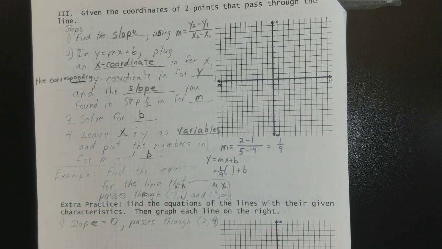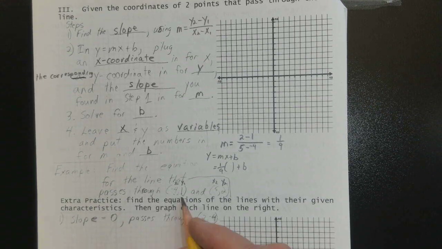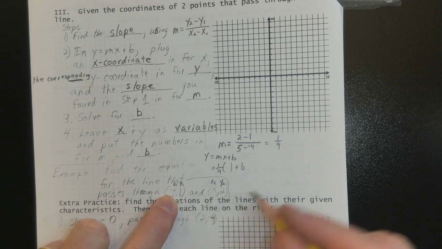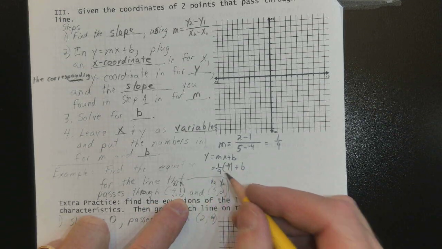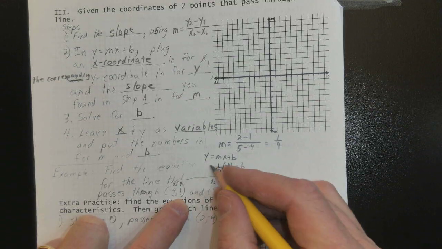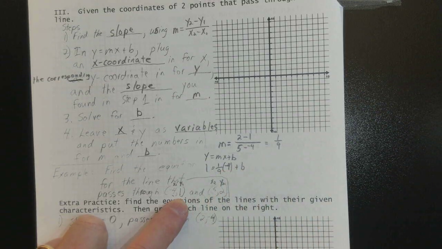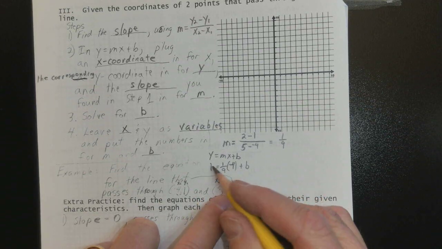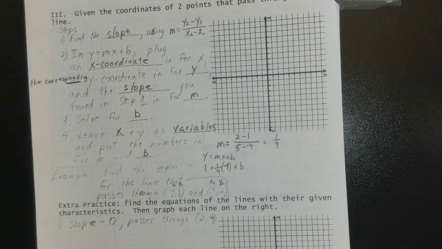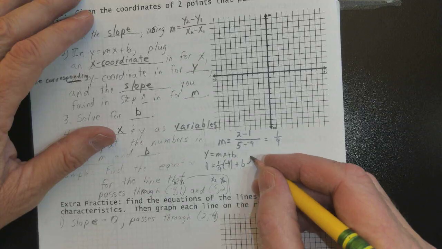So, which one? I'm sorry. Okay. Use negative 4 for x. And what for y? 1. Yes. Okay. And if you'd have said use 5 for x and 2 for y, you would have been right also. Okay. You just have to have the same ordered pair when you're using it. So very good.